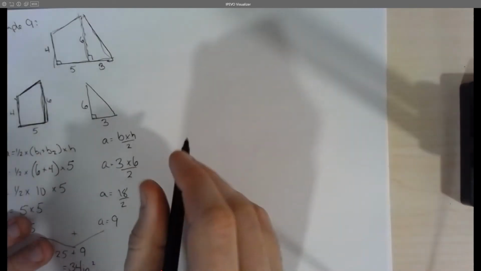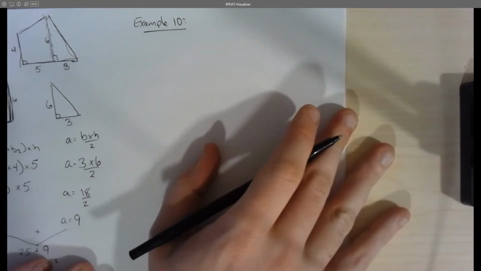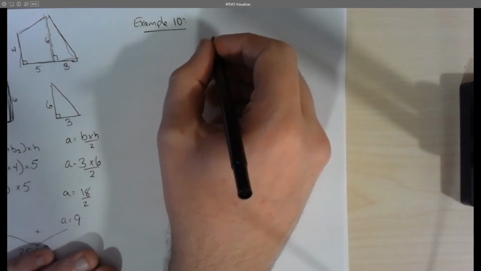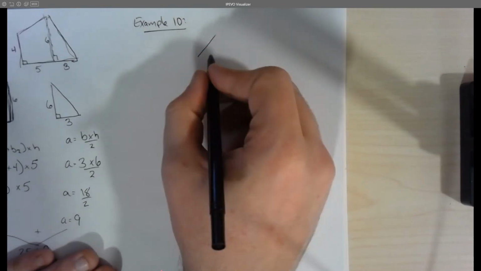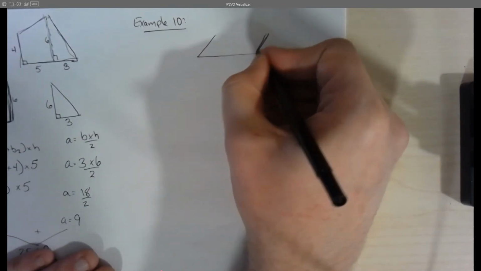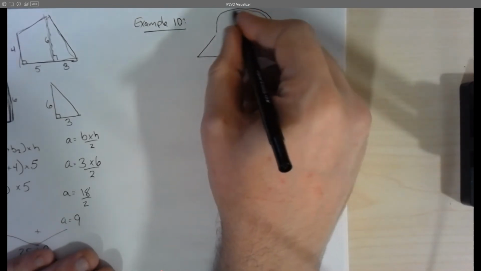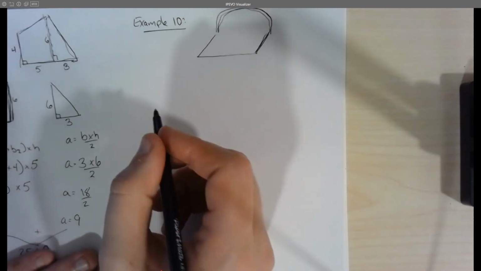Example number 10, let's go on to that one. We may need more than just the space that we have here, as it is quite an interesting shape. We have a line here, a line here, a line coming up here, and then we have a circle on top, or at least half a circle.